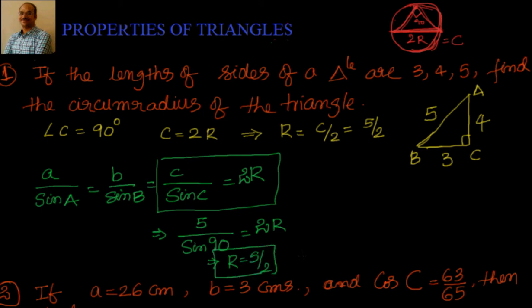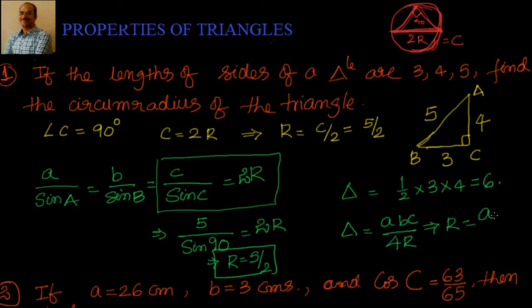Here is another way of doing it. Since you know it's a right angle triangle, delta is equal to half into 3 into 4, which is equal to 6. But delta is equal to ABC by 4R, or you can say that R equals ABC by 4 delta.